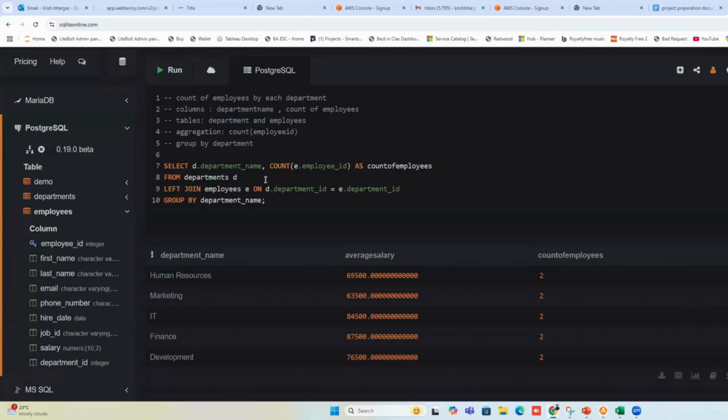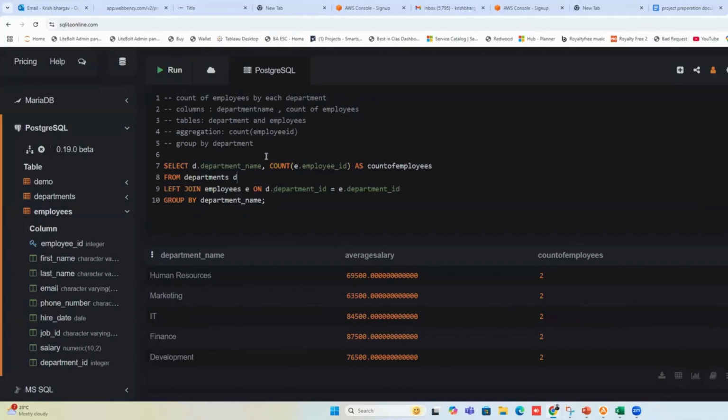Sir, please explain this left join. When do we have to use left, inner and right join? That is based on the question, darling. The question already tells me what I need. So inner join means what? I need only records that have a match in both the tables. Both tables should have matching records.